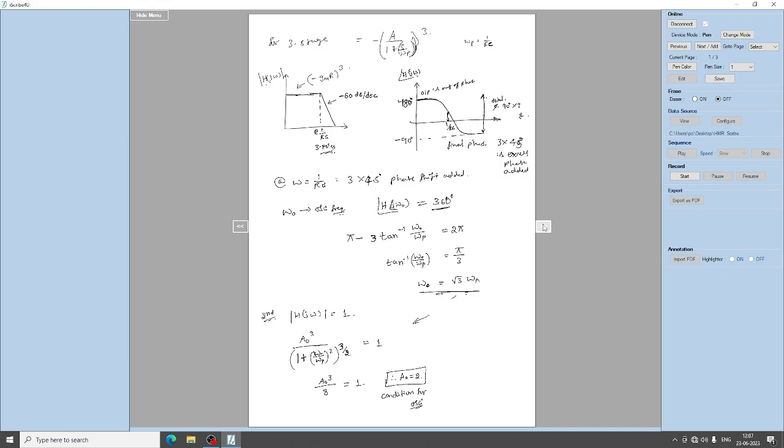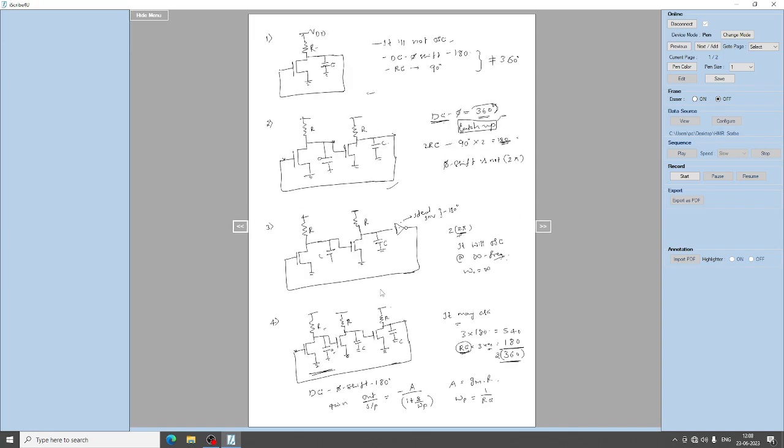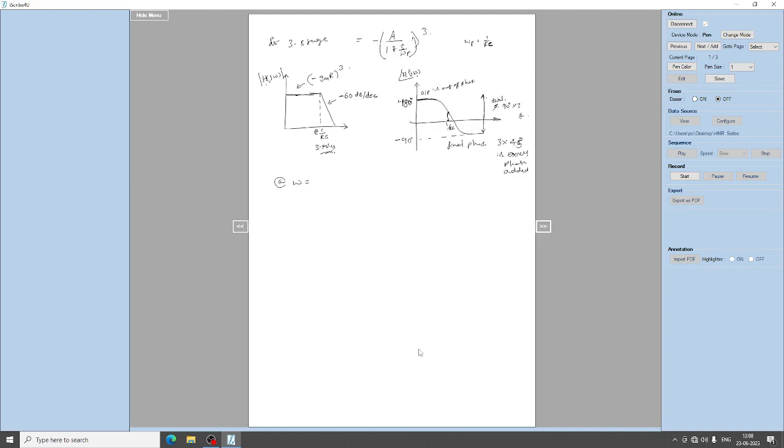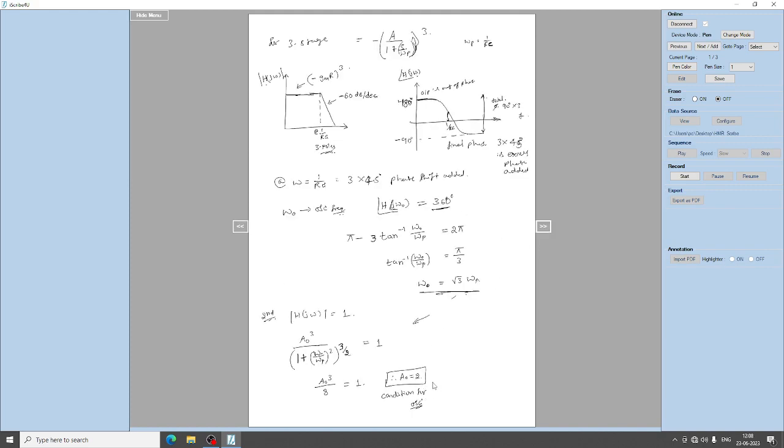This is another condition which has to be satisfied by that 3-stage R and C to get the oscillations. The overall gain from input to output should be equal to 2. This is the condition it has to satisfy in order to get the oscillation.